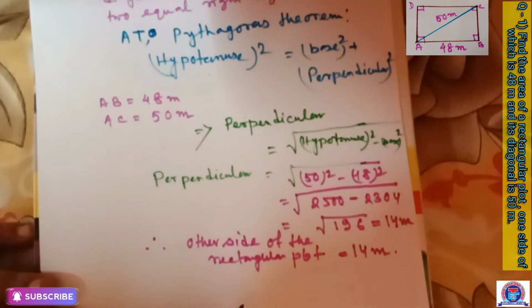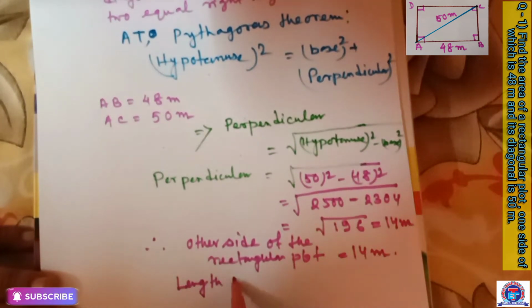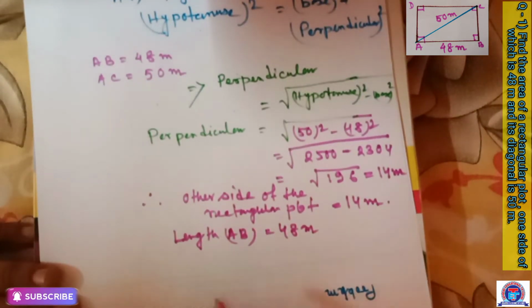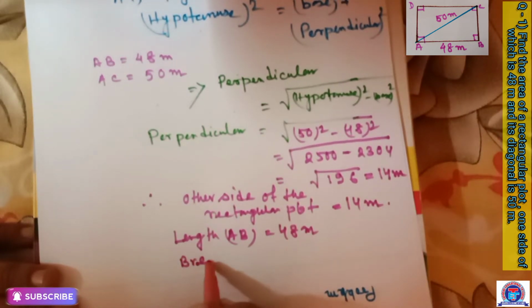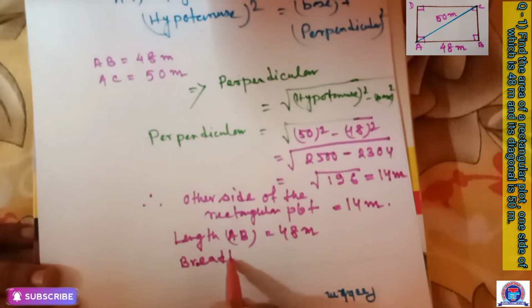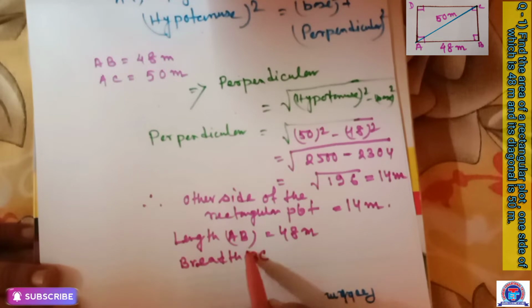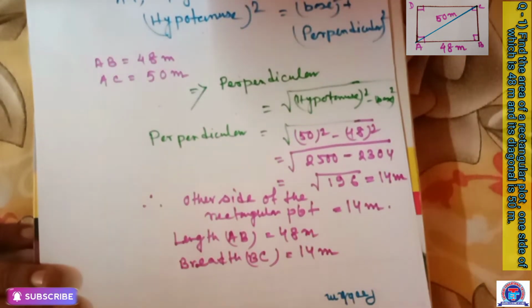Okay, so length AB is equal to 48 meter, and breadth, that is BC, is equal to 14 meter, correct?